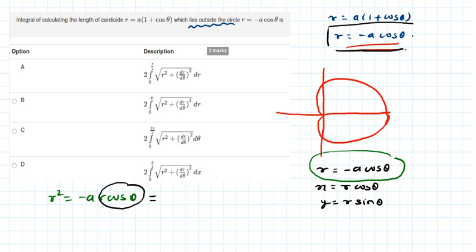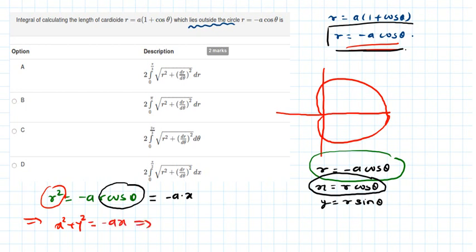So r square, which is x square plus y square, will be minus a x. This implies x square plus y square plus ax equal to 0. This is the general equation of the circle whose center is at minus a by 2 comma 0.